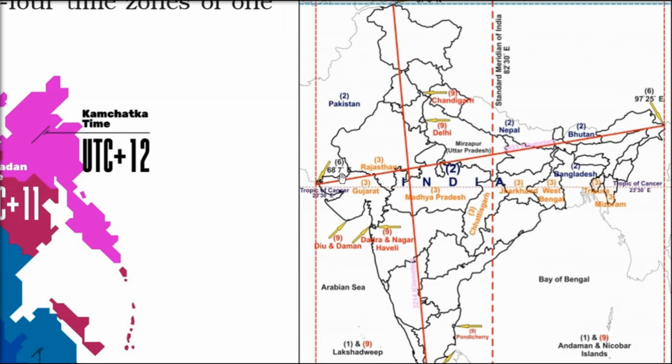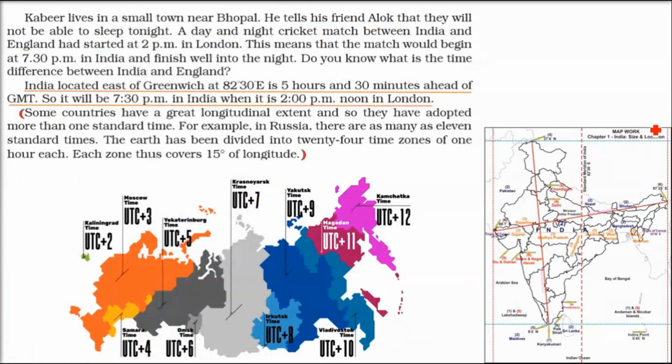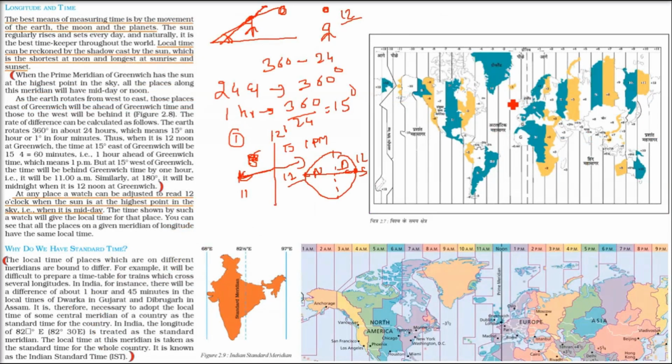If you see this 68 degrees and 97 degrees, take the difference, almost 2 hours, because we know 15 degrees is 1 hour. So if it is 30 degrees, it will be 2 hours. From far left to far right, we have a difference of 2 hours, 1 hour 45 minutes to be precise. Assam, Dibrugarh and Gujarat, Dwarka. If you and me stand there, we will have a difference of 1 hour 45 minutes.